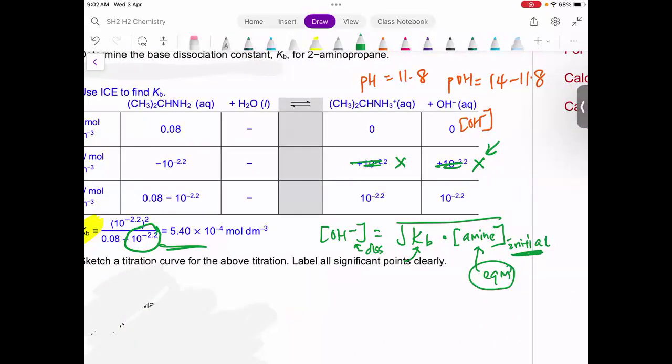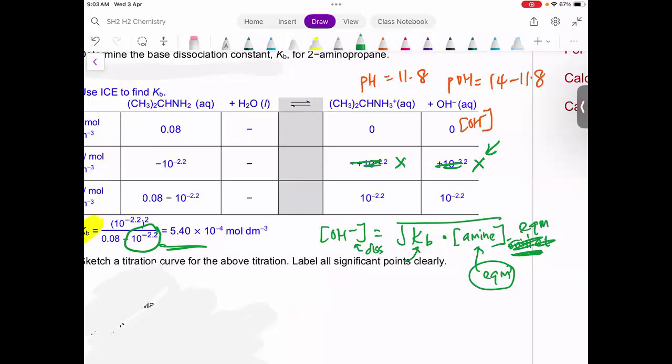Pardon again? This one? Yes, you can. When I teach you, whenever you use this expression, it's always the initial. If you remember to replace it with the concentration at equilibrium, you should be able to get the same answer, because they are essentially the same thing.